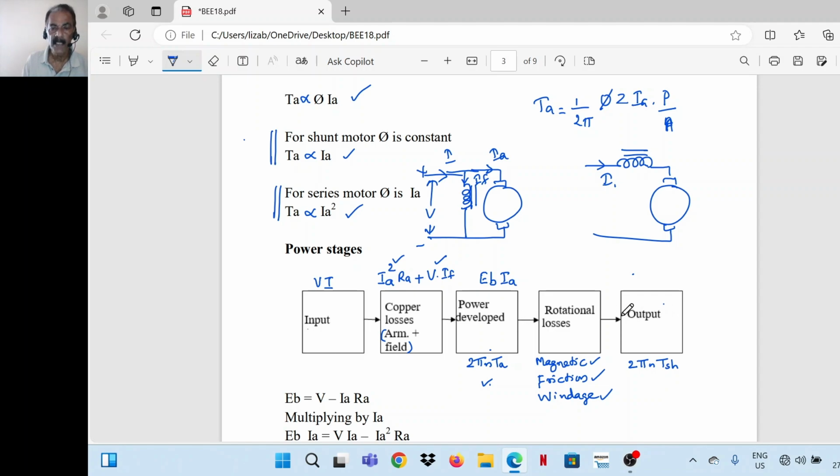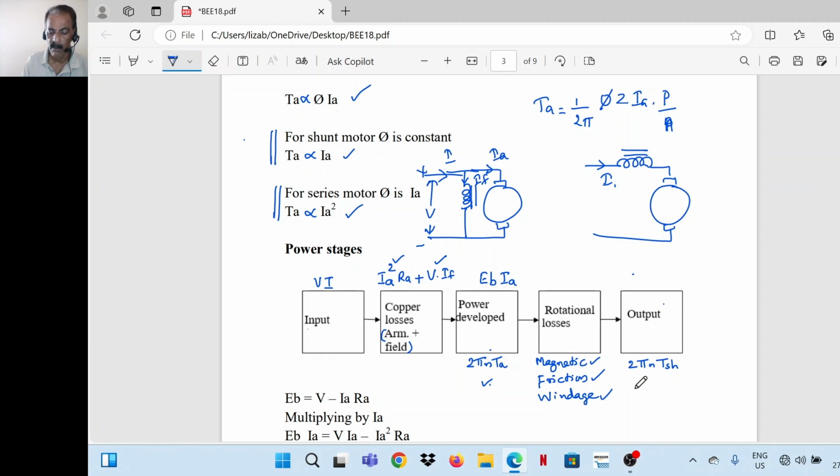So the difference between these two is the rotational losses. Rotational losses divided by 2 pi n is the torque lost due to this friction, magnetic losses and windage losses. 2 pi n Ta is the total torque developed by the armature, out of which a portion is lost, which is equal to rotational losses divided by 2 pi n.